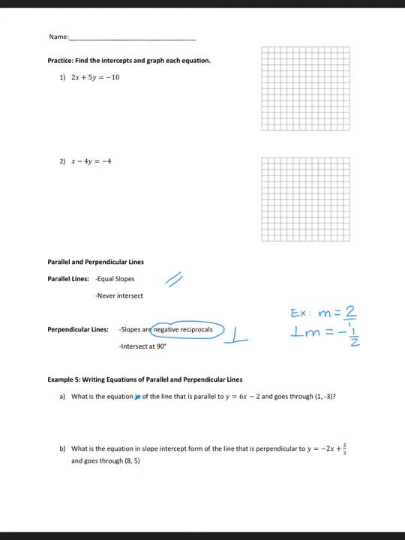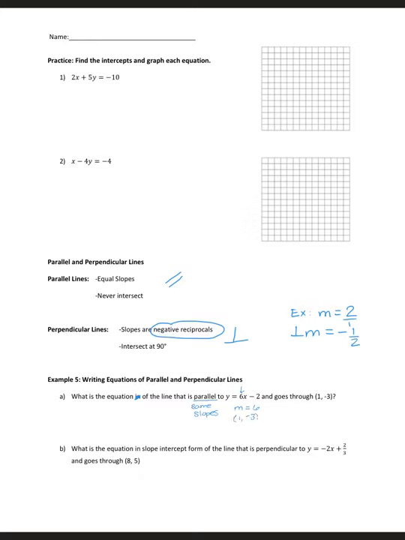So parallel means that we have same slopes. So in this equation here, my slope is 6. Now we have a point here, 1, negative 3.